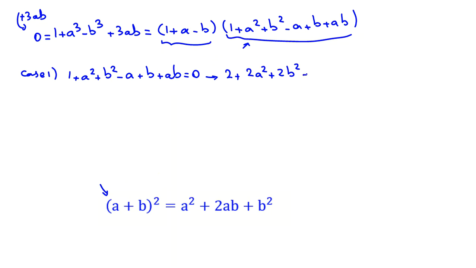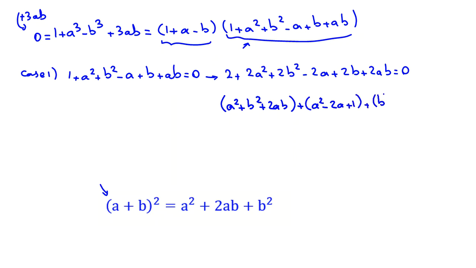So if we multiply by 2, negative 2a plus 2b plus 2ab equal to 0, I can write it as a squared plus b squared plus 2ab plus a squared minus 2a plus 1 plus b squared plus 2b plus 1. So it will be 0, the first part, by applying this, it will be a plus b squared.